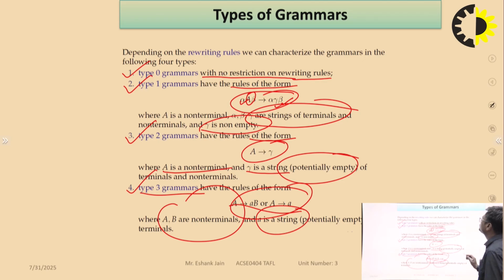There are 4 types of grammars. These grammars are generally used in computer systems.